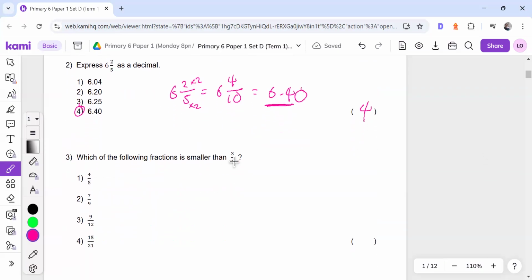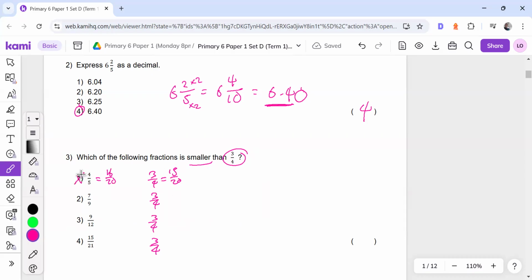Which of the fractions is smaller than 3/4? Now for this question, you will need to compare one by one. You have to compare all the fractions and then see which is smaller than 3/4. So you make the denominator the same. 5 times 4, 4 times 5, 4 times 4 is 16, 3 times 5 is 15.